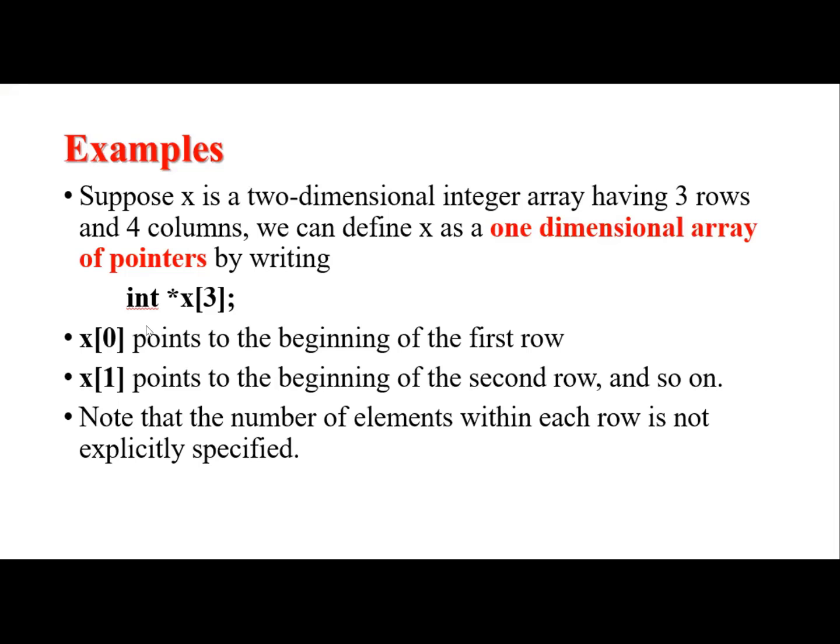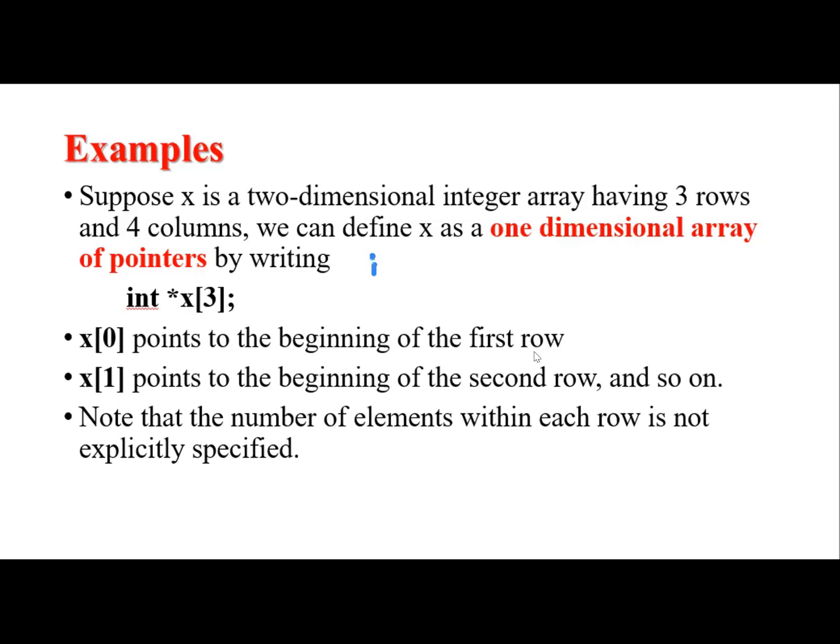Here when you write int *x[3], so when we write x[0], it's similar to the array and character, string, x[0] will point to the beginning of the first row in the element.